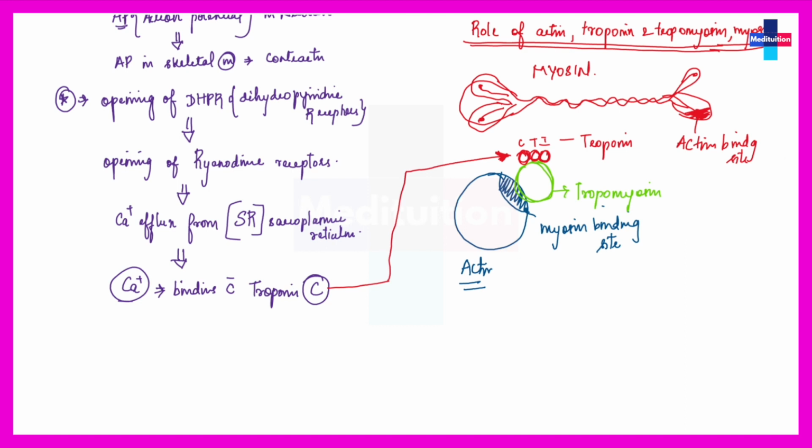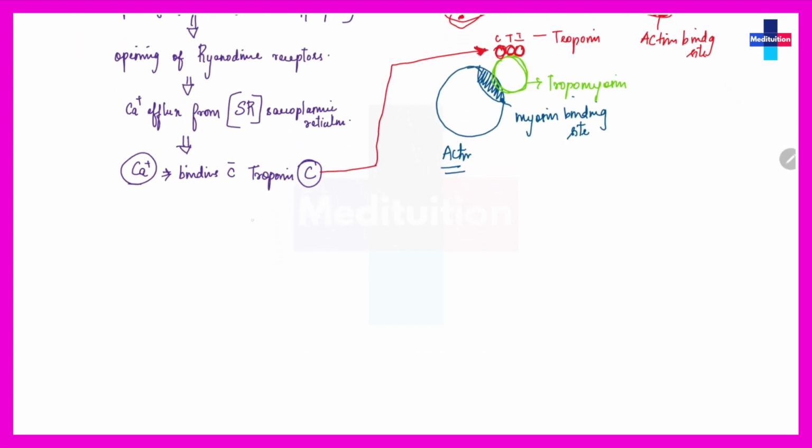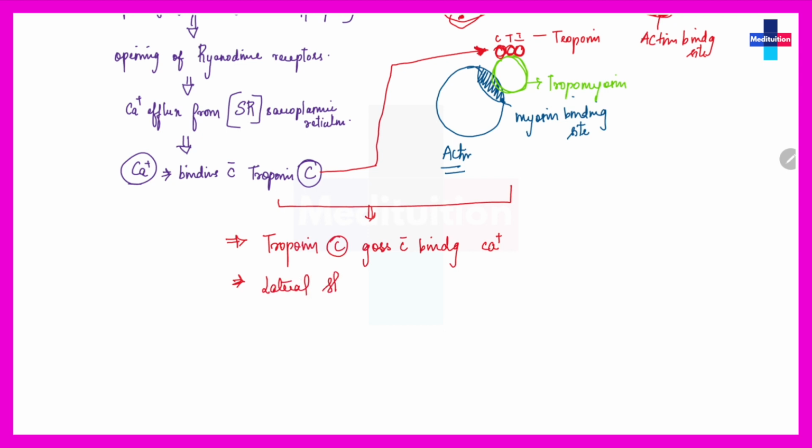Then what happens? This makes a lateral shift of tropomyosin. Once troponin C goes away along with the calcium, then the tropomyosin is shifted laterally.